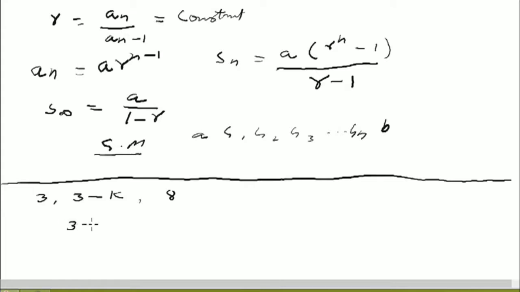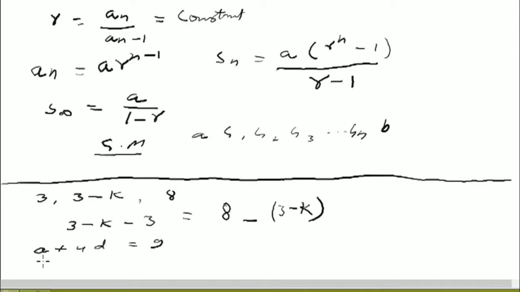Second term minus first term is equal to third term minus second term. You apply this thing, you will get the value of the unknown very easily. So, anytime if you get three terms being in AP, just apply the basic concept. Always remember this: second minus first is equal to third minus second.